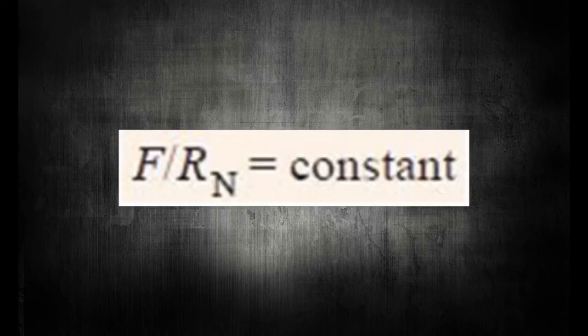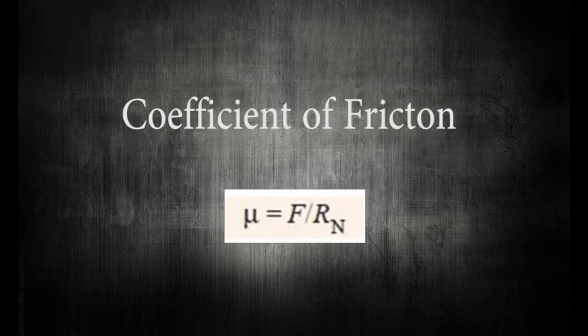Now remember that we have gone through the terms normal reaction and frictional force. That was limiting friction. When we went through that, I said that the ratio of the frictional force to the normal reaction is constant. Now this is an important term called coefficient of friction. This is very important in any kind of friction.